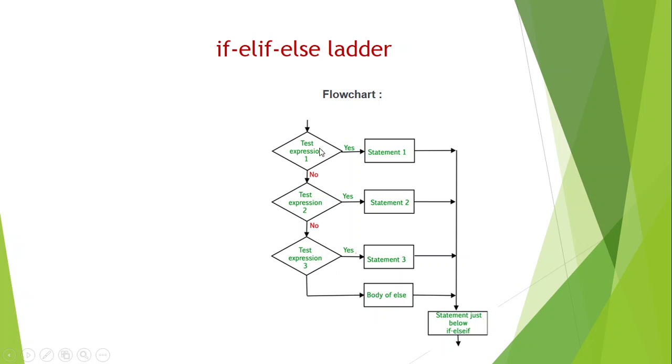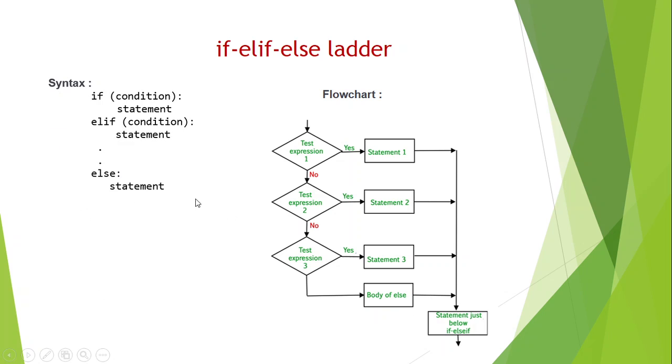But if test expression 1 evaluates to false, then we check the second expression whether this one is true or not. If this evaluates to true, fine, statement 2 will be executed. But even if this evaluates to false, then the next test expression will be evaluated. Similarly, so on, till the last test expression, and then the else block is executed.